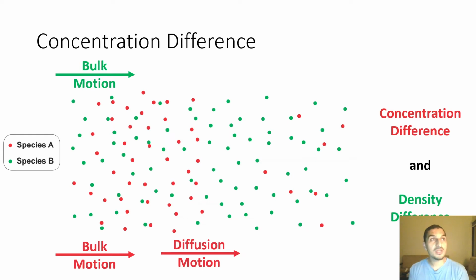If we take a look at Fick's law, you will see that the only driving force represented in this equation is the concentration difference, which tells us how much diffusion motion is taking place, and it never says anything about the bulk motion due to the difference in density. This is actually what's taking place: the equation is only considering this diffusion motion, and it's not including the motion of the other components.